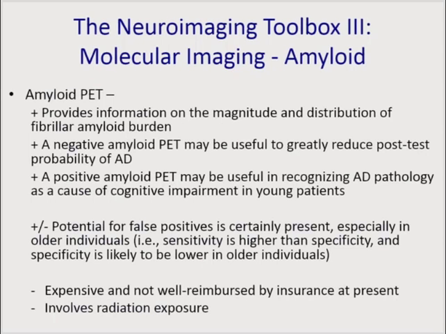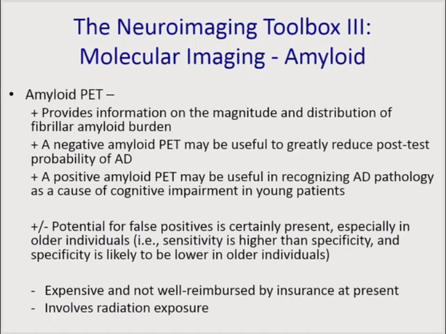It can be very useful in ruling in Alzheimer's pathology as a cause of cognitive impairment. There's definitely a potential for false positives, and part of this is driven by the notion that amyloid itself is an age-related pathology, so the sensitivity and specificity, especially the specificity, may vary somewhat in older individuals.